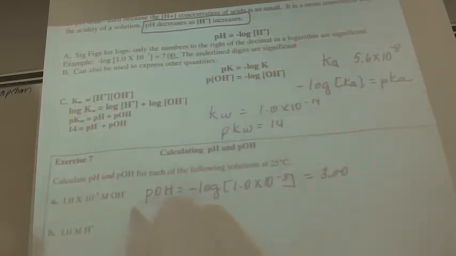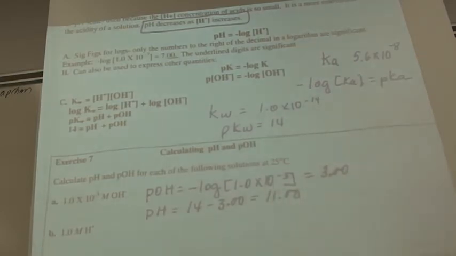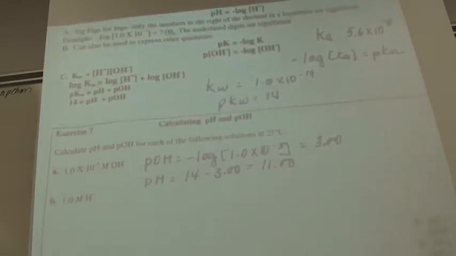I know that pH plus pOH is always equal to 14, so the pH is going to be 14 minus 3.00, which is 11. Be careful that you are answering the question that they give you.